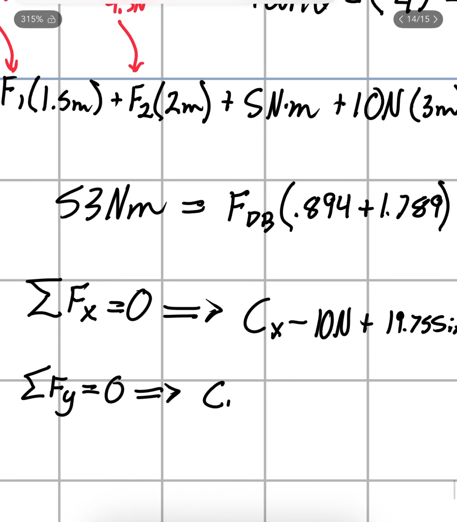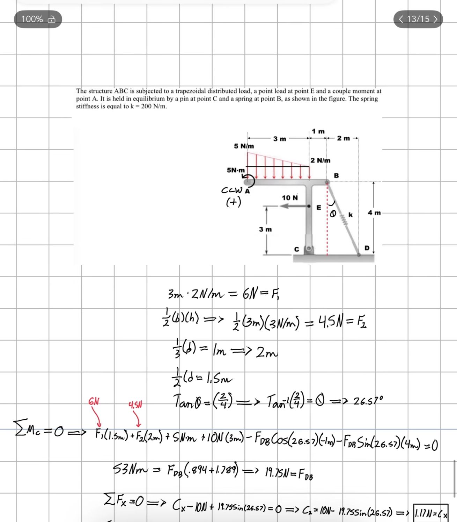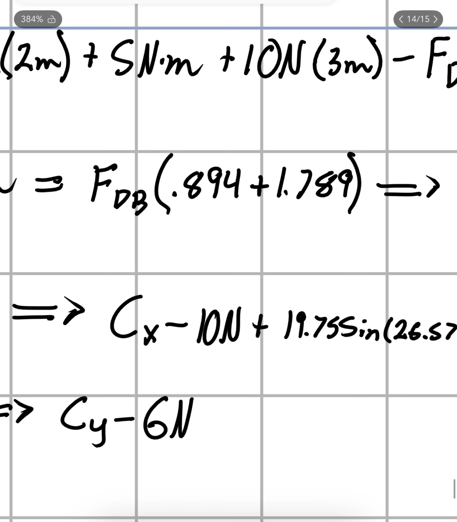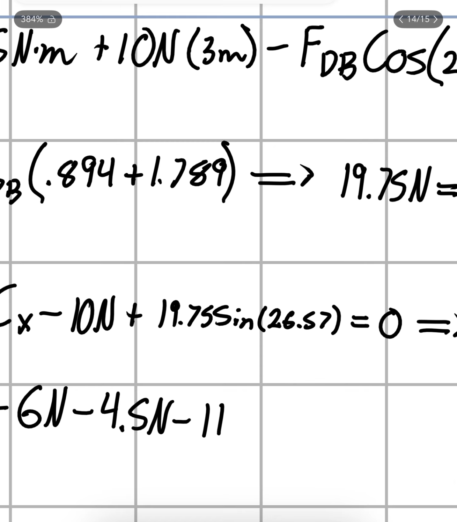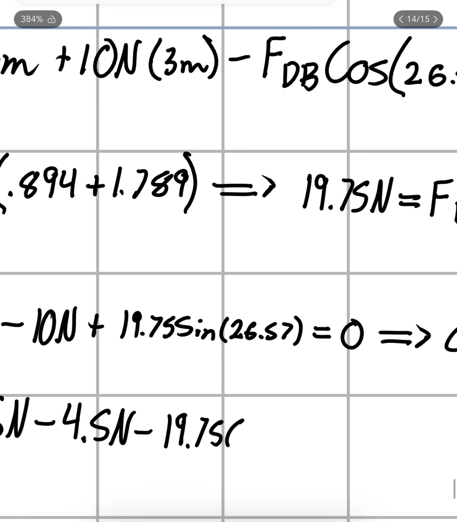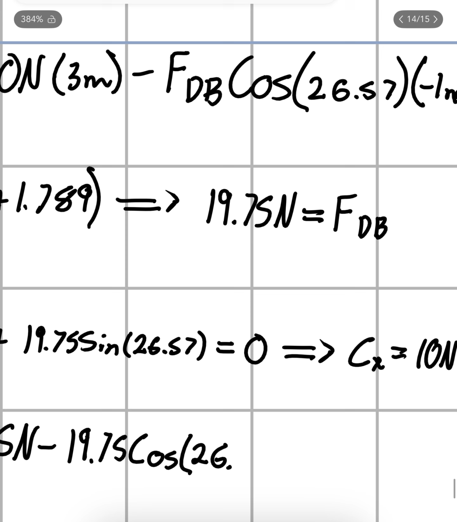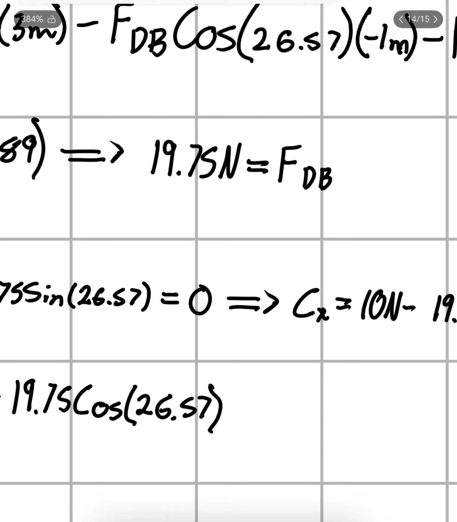So we have Cy minus our distributed load forces, so that is 6 newtons plus 4.5 newtons, minus 19.75 cosine of 26.57, excuse me, equals 0.